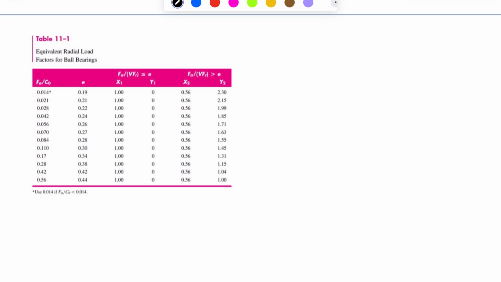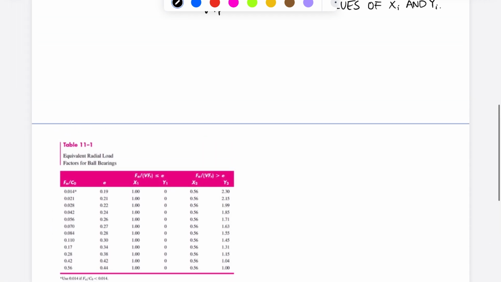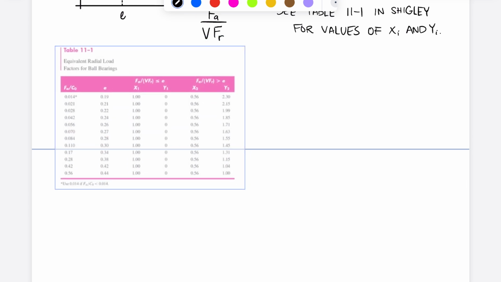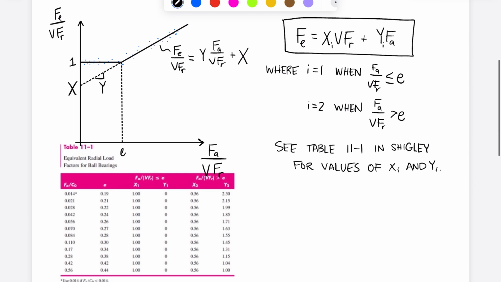So here's a table that we can use to look up the values of X and Y that we will need depending on whether we are on the left or the right side of this graph. I'll try to move it up just so we can see everything all together.